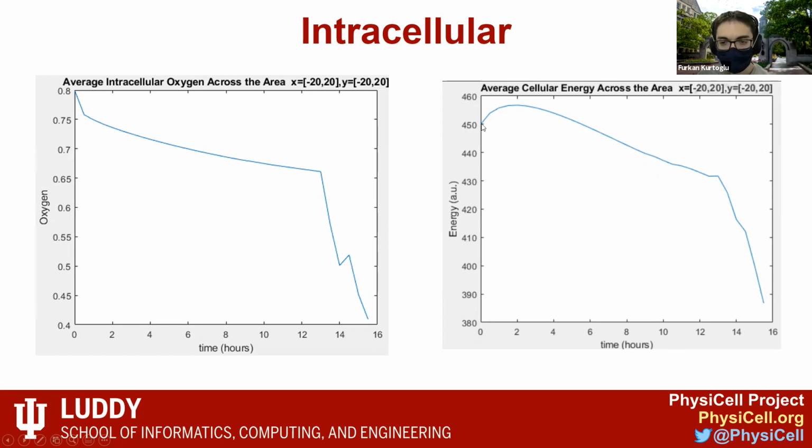In the beginning, they started with 450 and they increased their energy here. But we don't have any kind of rule in this model. In the demo, we will have a cycle part here. But after they pass the motility threshold, they move and then die.